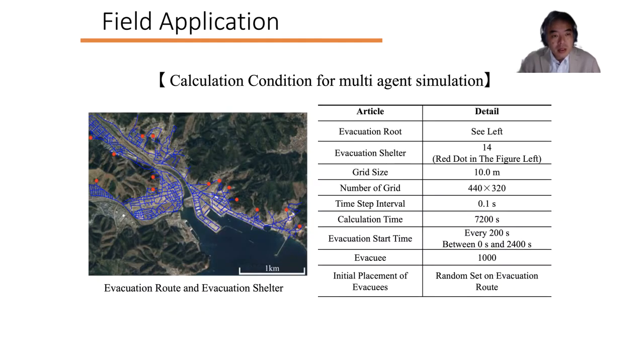We verify this numerical supporting system by using a local case. Here is Ots town, and we are checking the evacuation routes and the evacuation places, and these kinds of numerical conditions, by using the 2011 tsunami.